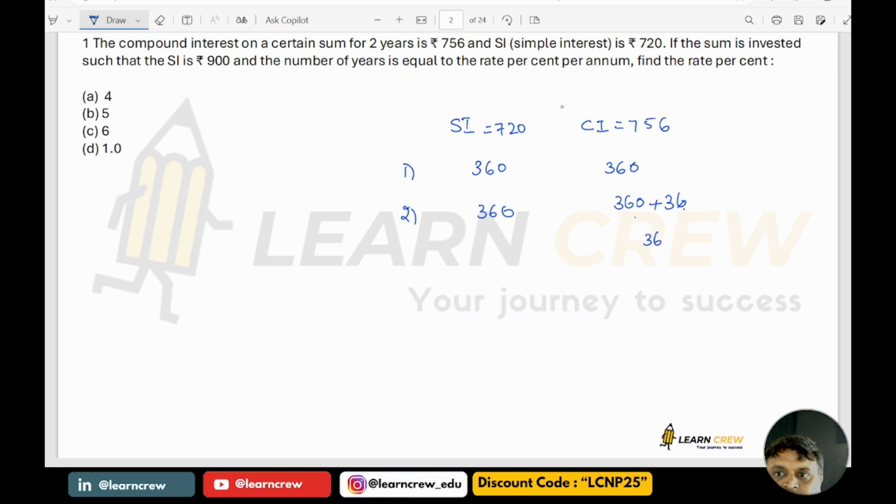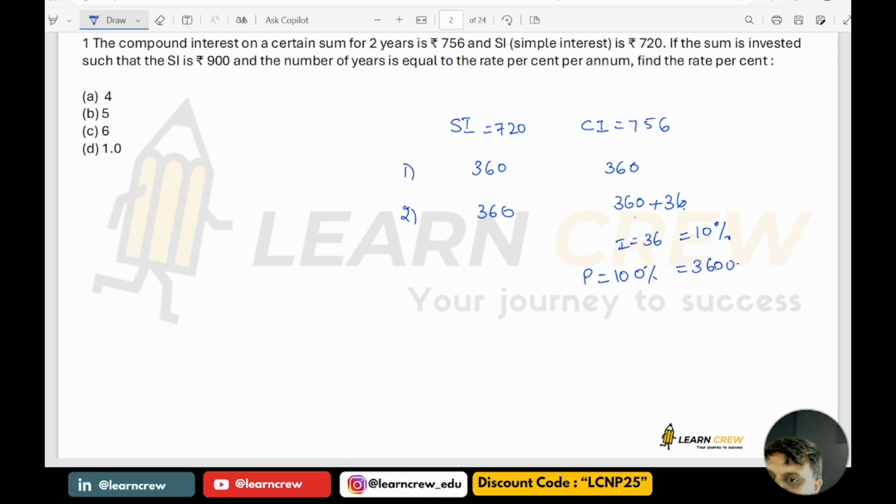If you see here, now what is given? 36 is the interest amount, which you can say is 10%. So if 10% is 36, then the principal amount 100% would be 3600. This is what is understood.